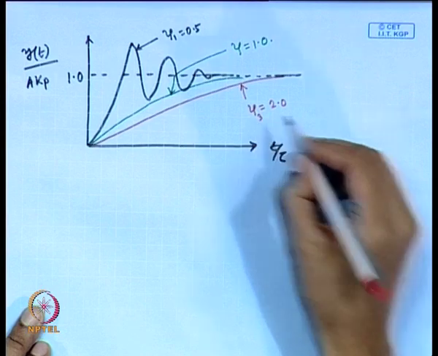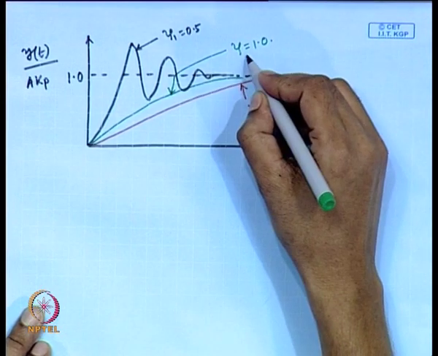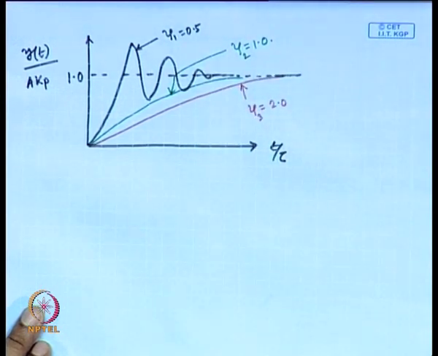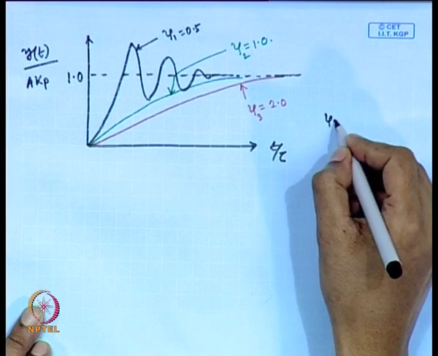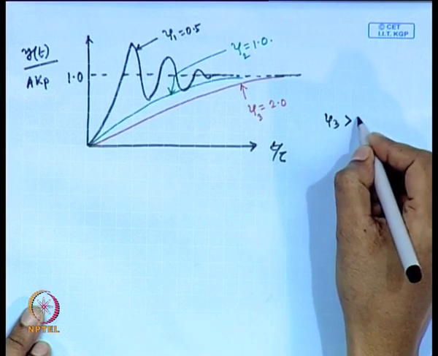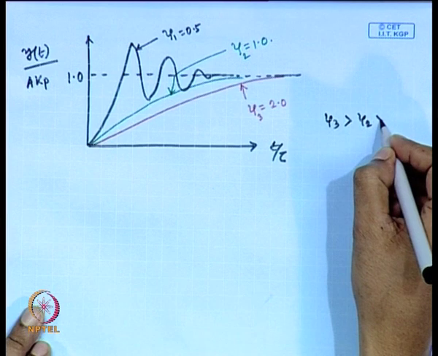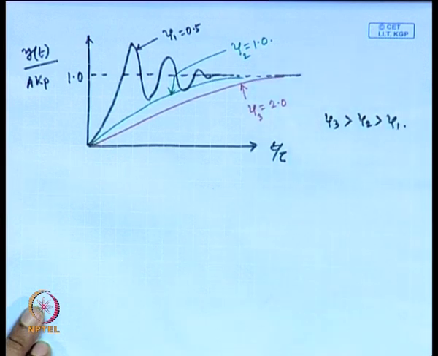This is zeta 3 and this is zeta 2. So, obviously, here zeta 3 greater than zeta 2 greater than zeta 1.